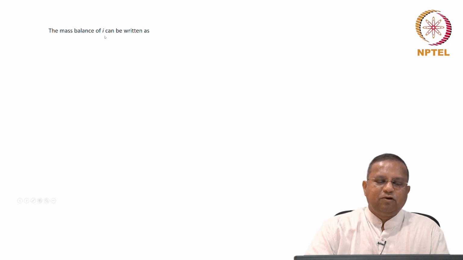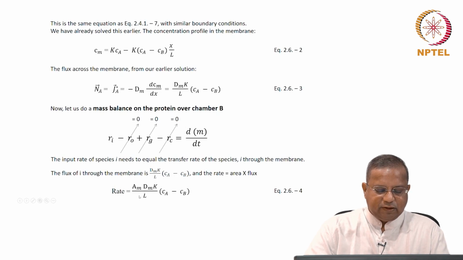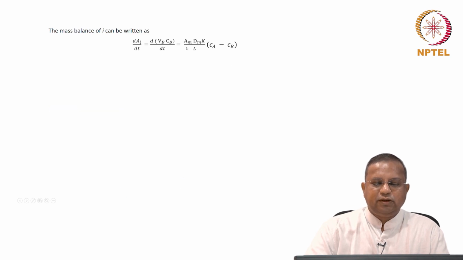The mass balance of I can be written as d(mass of I in B)/dt equals the rate. This is the mass of I in B, C_b V_b, concentration times the volume, and from the previous result the rate equals A_m D_m K by L times (C_a minus C_b), equation 2.6-5. Now, since V_b is a constant, you can take it out of the derivative.